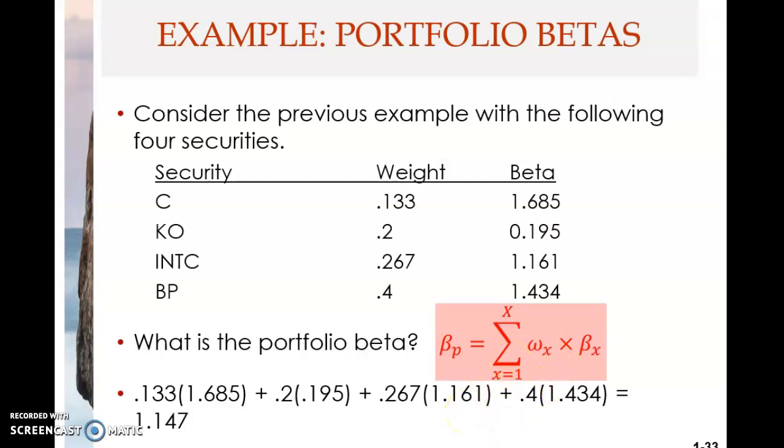Here there are 4 assets, 1, 2, 3 and 4, so capital X will be 4.